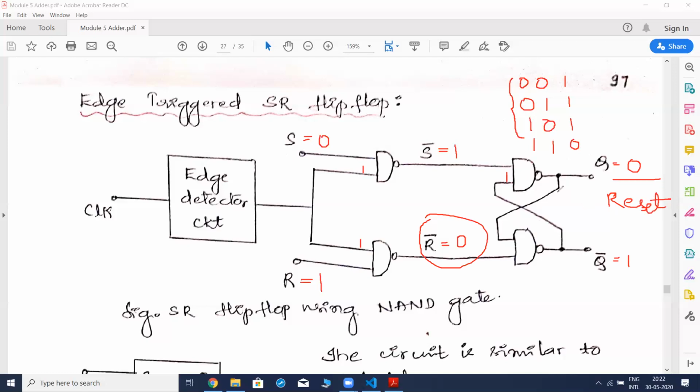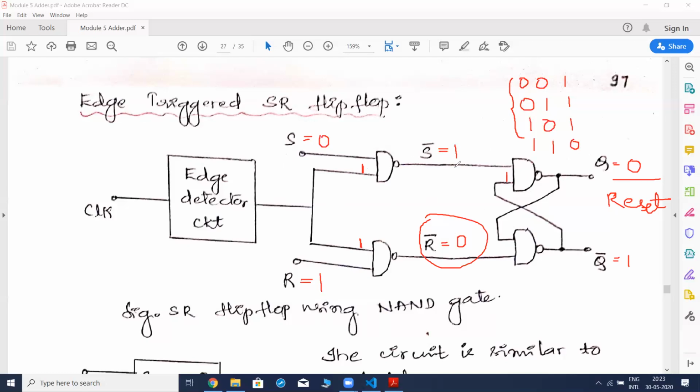So this is the type of analysis that we can do over here. Here I'll repeat how it is done. We are giving S is 0 and R is equal to 1. Obviously our clock input must be 1, then only our flip-flop is active. So we'll get S bar as 1 and R bar as 0.